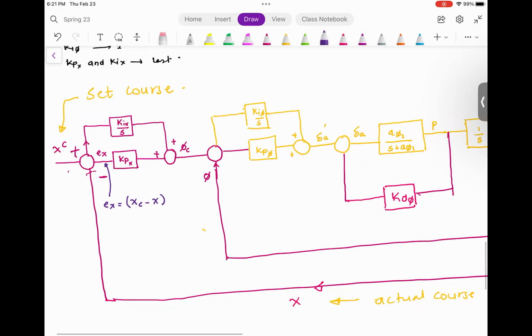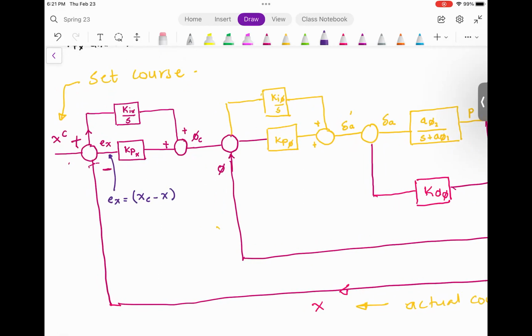One thing I want you to understand is this actual course gets fed to this integrator term, and you have an integral control that is not acting on the error, but on the value itself. Some of you may ask me why? Basically, if the commanded course is far away, the integrated term is going to control it.